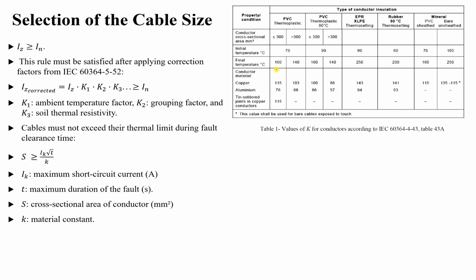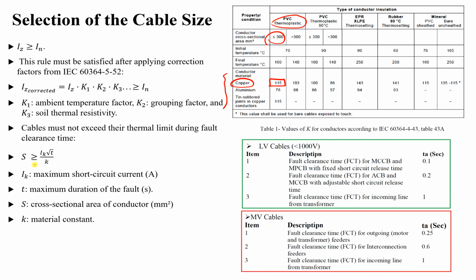So the values will be these values. For example, if we have a PVC with a smaller cross-section area than 300 and its material is copper, so it is PVC copper, then the value will be 115 for K and so on. Now for this time T, it is dependent on whether you are talking about low voltage cables or medium voltage cables.